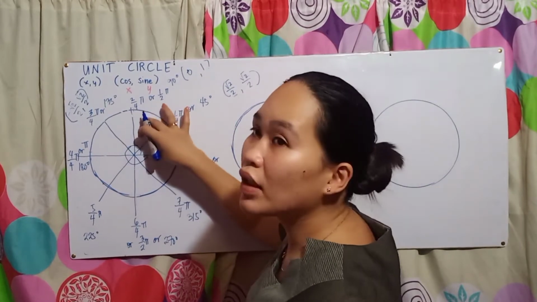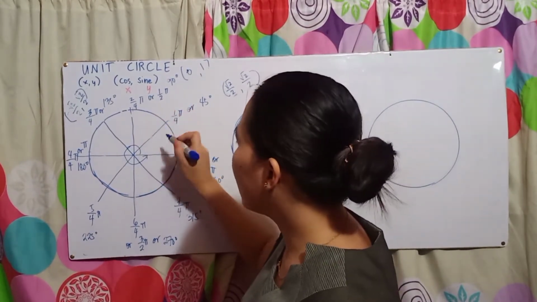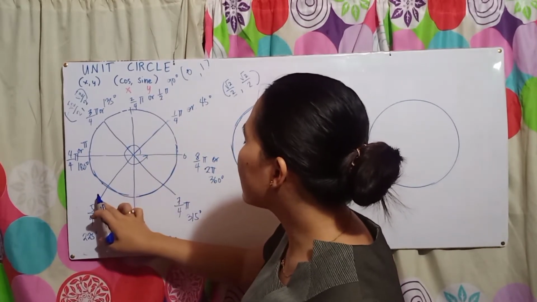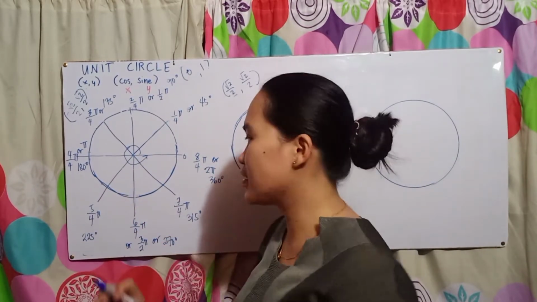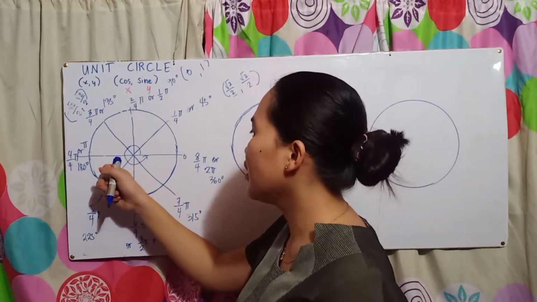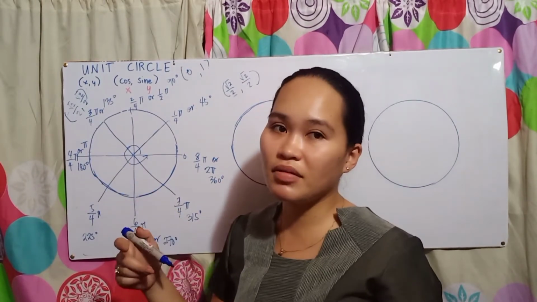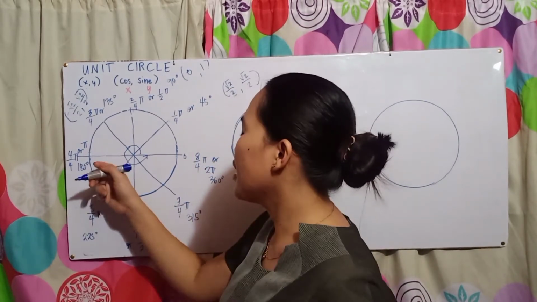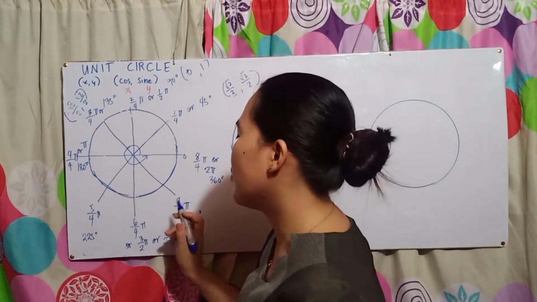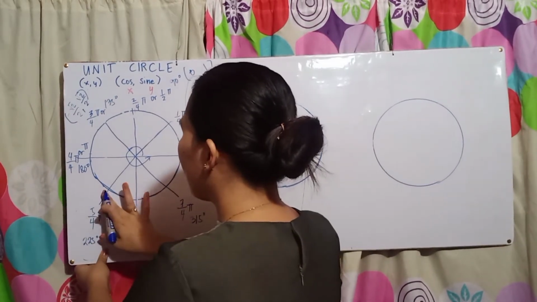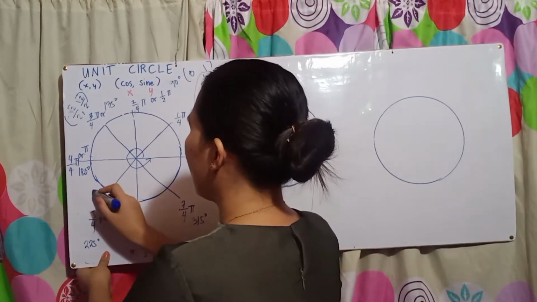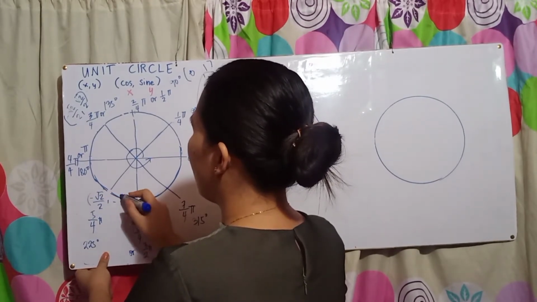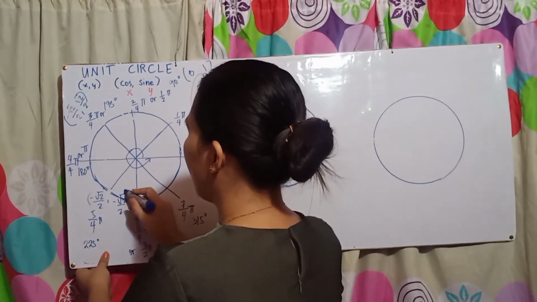Since the previous quadrant is positive. The values here are the same, but they only differ in sign, because the quadrant is negative and positive. So x is negative, and y is negative. So the ordered pair here, of course, is both negative: negative square root of 2 over 2 and negative square root of 2 over 2.